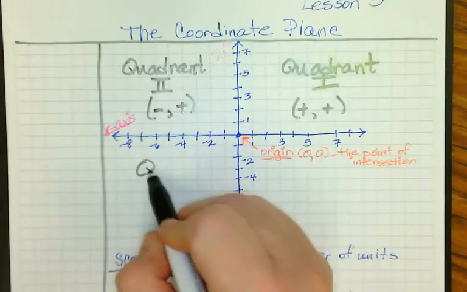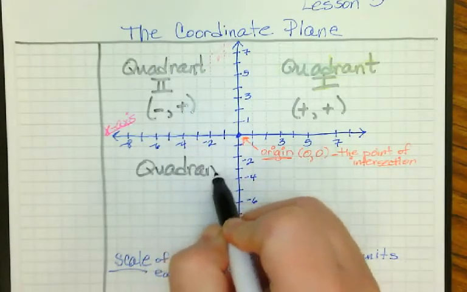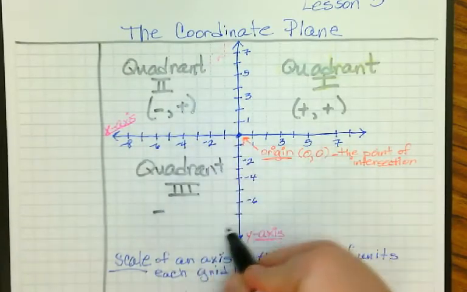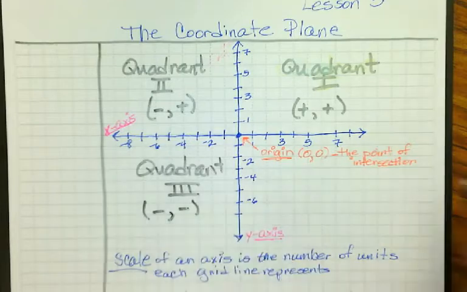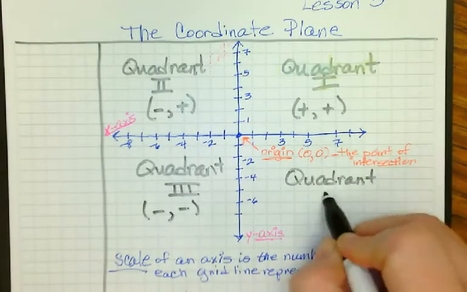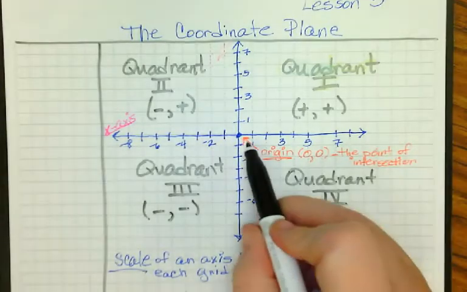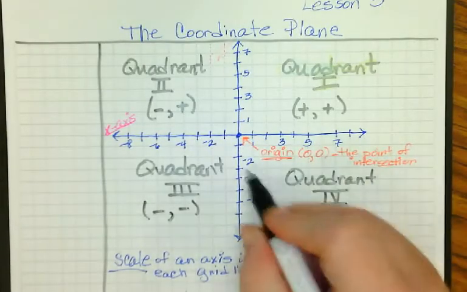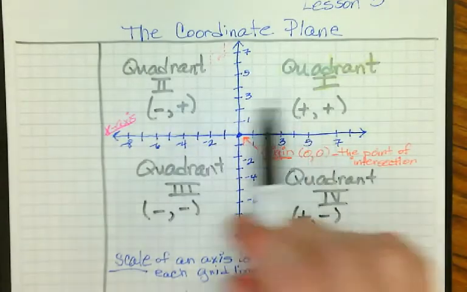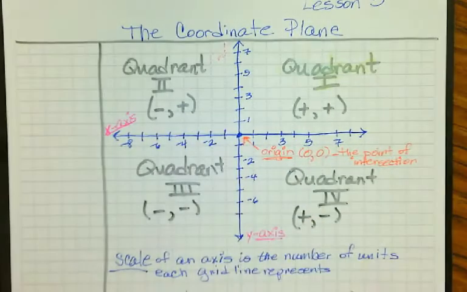This one, yep, you're right, quadrant 3, and it is negative on the x and negative on the y. And this last one, of course, is quadrant 4, and it is positive on the x, negative on the y. Okay, remember, quadrant 1, 2, 3, 4. They're called quadrants because there are 4 of them. Quad means 4. Ha ha! Too easy, right?